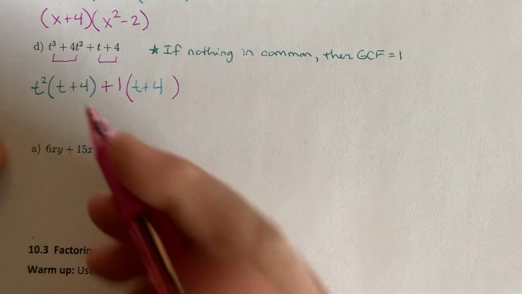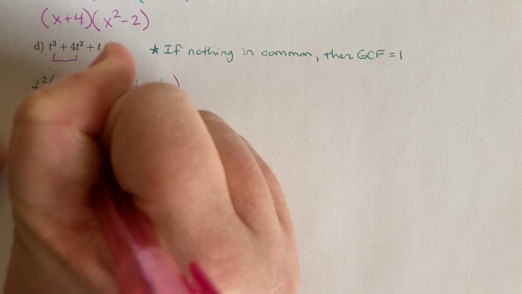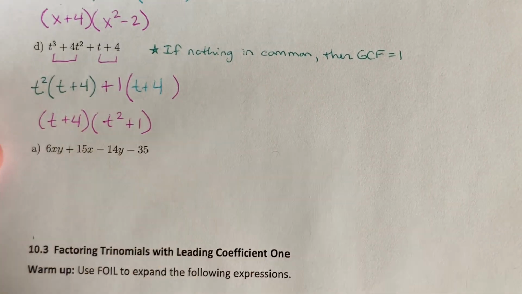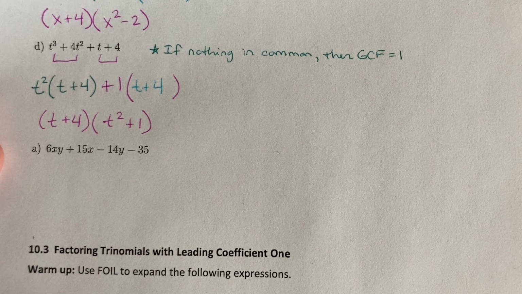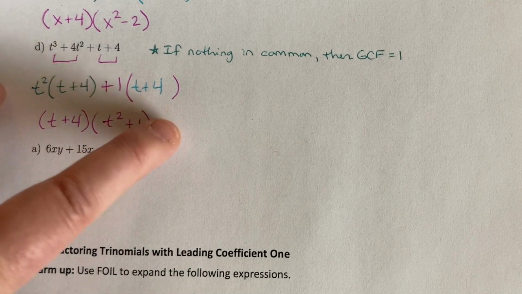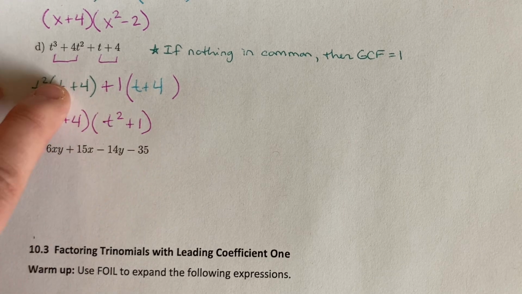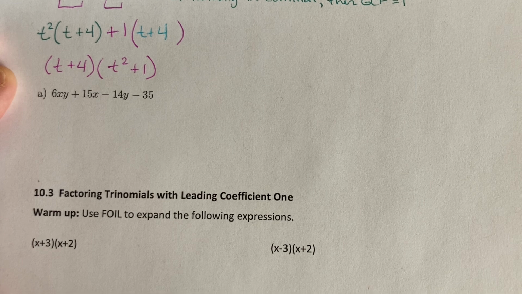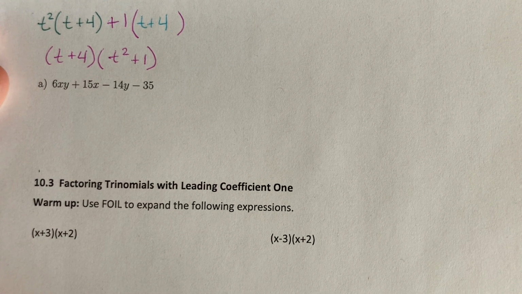Because now I'm going to factor out t plus 4, and what's left behind is t squared plus 1. Again, if you wanted to check, multiply it all out, you could FOIL this and get right back to the beginning.